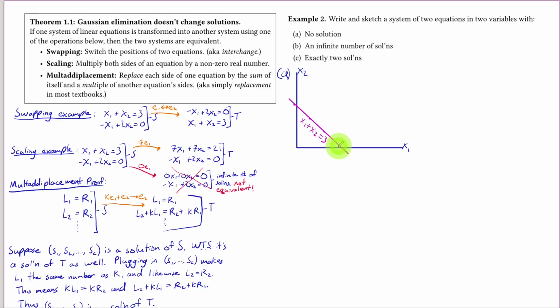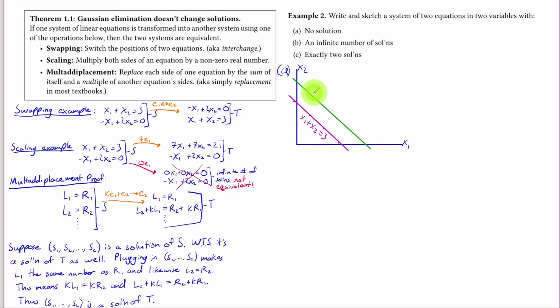We want to have a second equation which does not have any solutions in common with this. So if the second line crosses this one anywhere, that intersection point is going to give you a solution. So we need to have something that is maybe a parallel line like this.